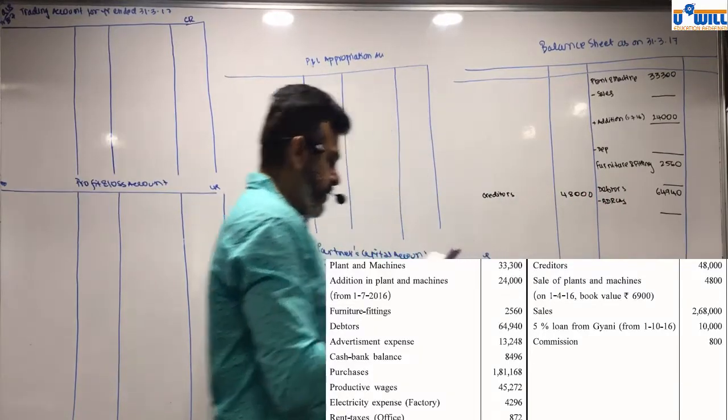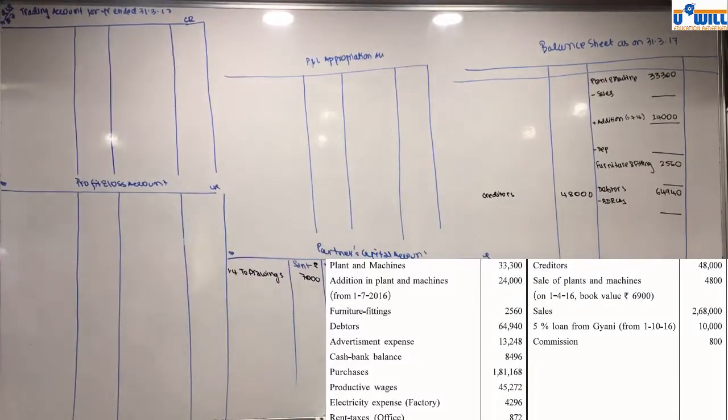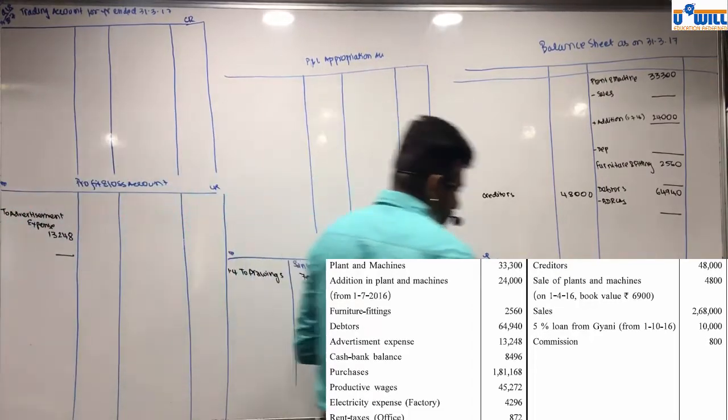Advertisement expense, inner column. First 2 lines blank. 13248. Cash and bank balance 8496.